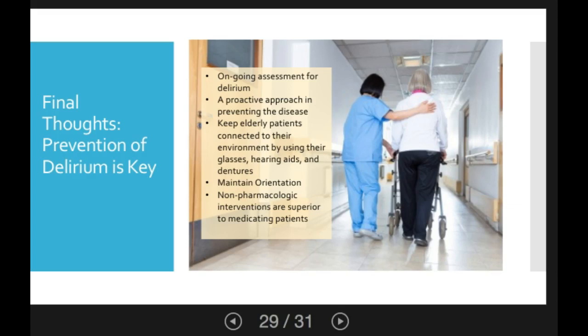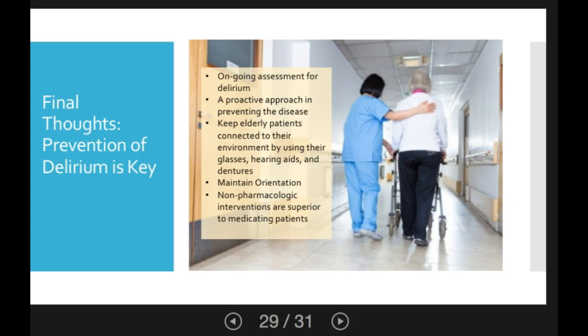Just some final thoughts on delirium. Delirium is a major issue plaguing the hospitalized patient. Once the onset of delirium occurs for the patient, effective treatment becomes increasingly challenging. Active prevention of delirium is the only way to ensure good outcomes for our elderly patients.